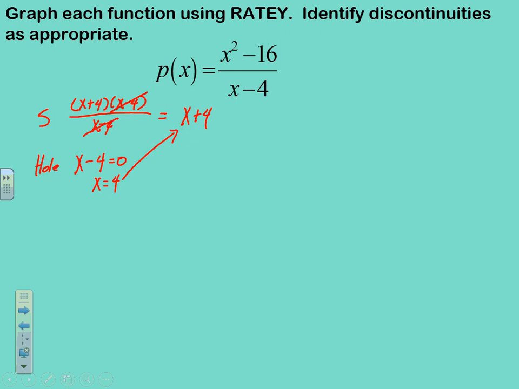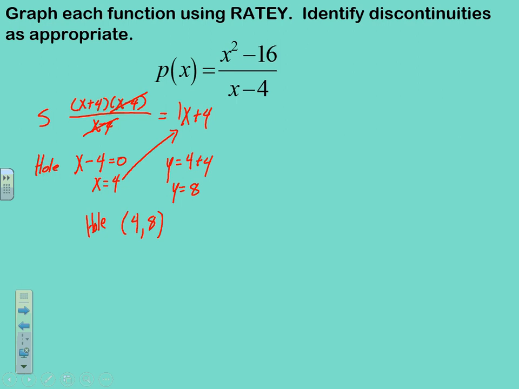So 4 plus 4, the y coordinate of my hole is going to be 8. So the coordinate of my hole is at (4, 8).